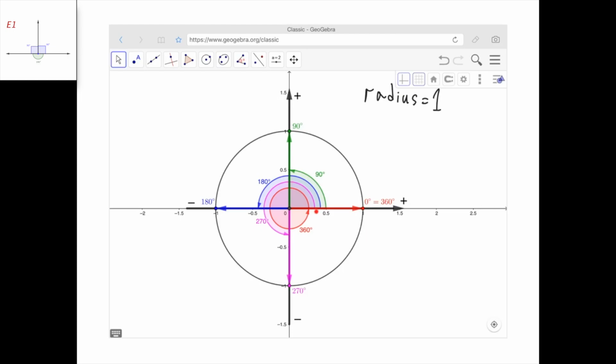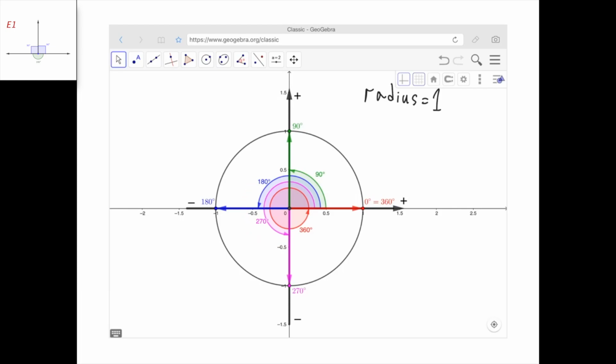Here we're counting negative 1, negative 2, negative 3, negative 4 up to negative 90, which means that 270 degrees as a directed angle is the same thing as negative 90 degrees, because the points on the unit circle that correspond to 270 degrees and to negative 90 degrees are the same point. Similarly, 180 degrees and negative 180 degrees, which means we're counting in the opposite direction, correspond to the same point here. And 90 degrees is the same thing as negative 270 degrees.